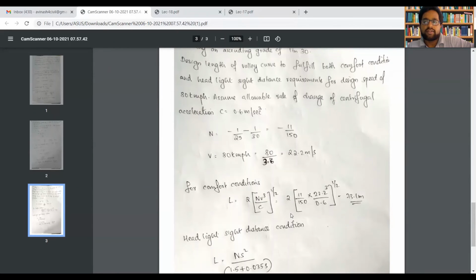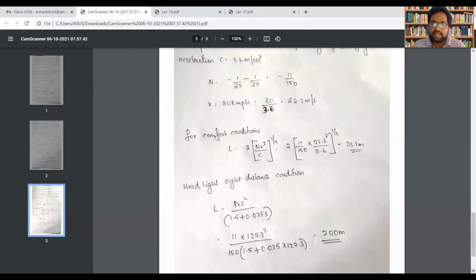Here N is 11 by 150, V is 22.2 and C, the rate of change of centrifugal acceleration, is 0.6. Substituting these values into the formula, the answer you will get is 73.1 meter.